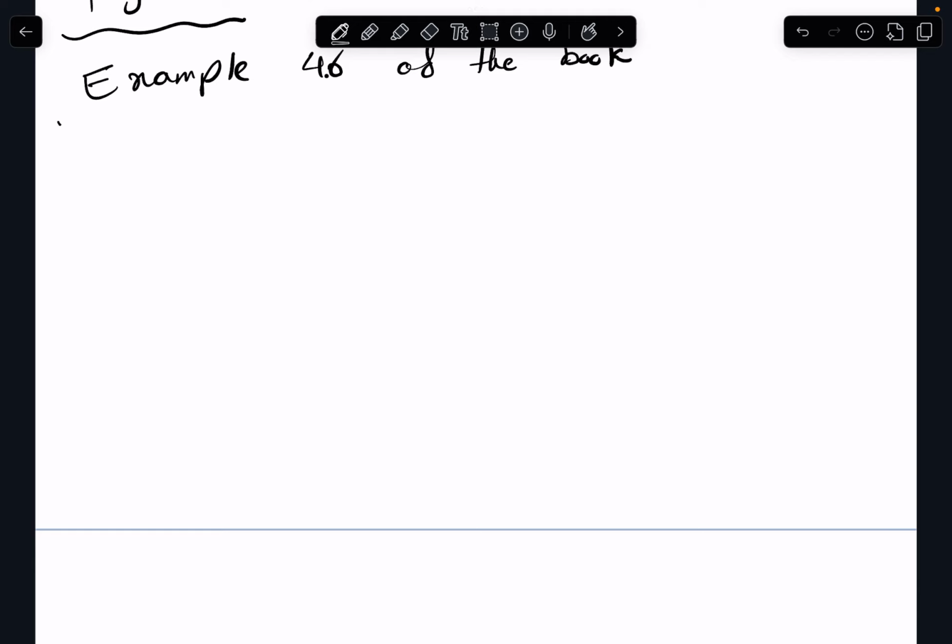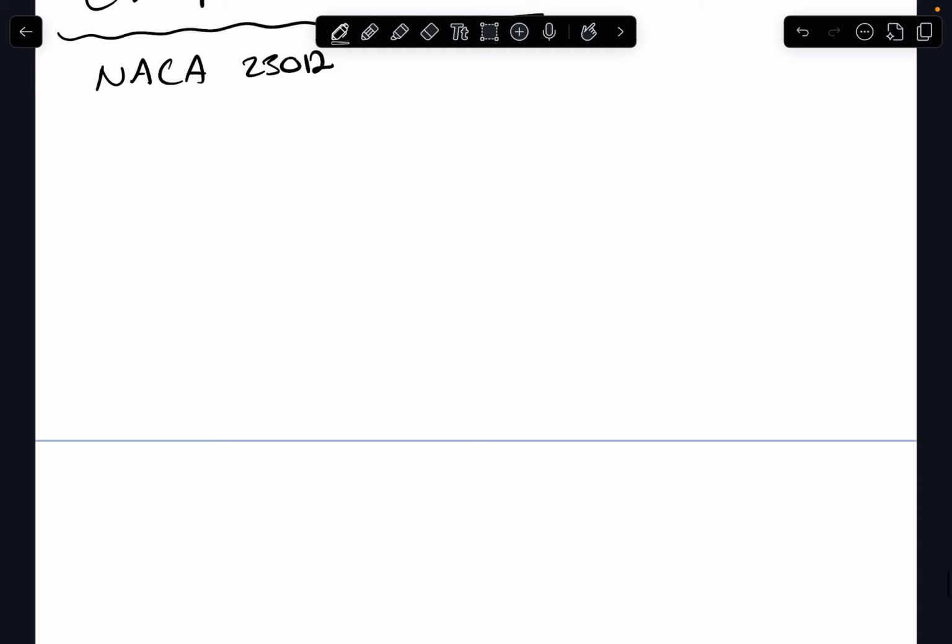The example asks us to consider a NACA 23012, whose mean camber line is given to us. And then we are asked to find a couple of different things for this specific airfoil. Let's look at the mean camber line first.